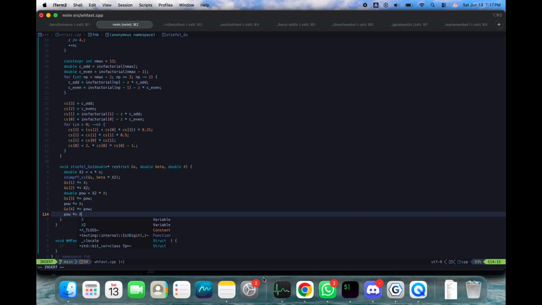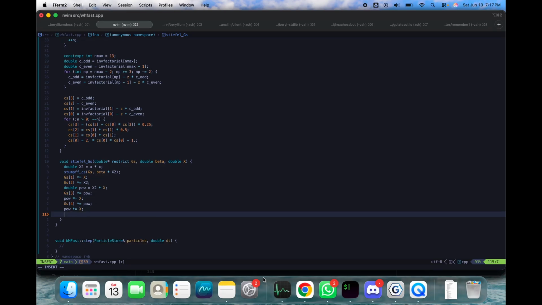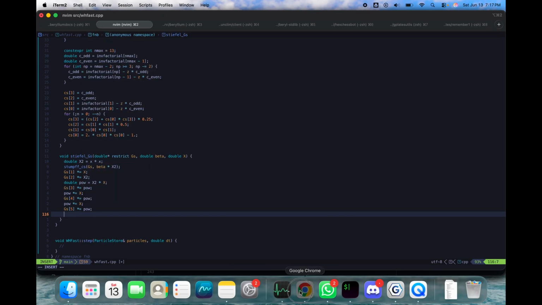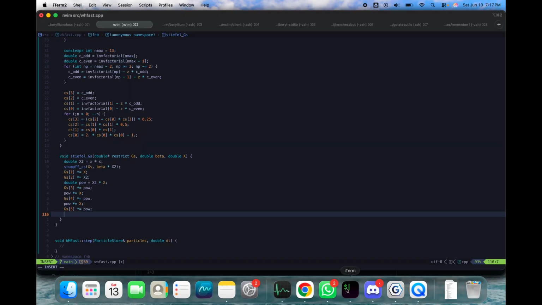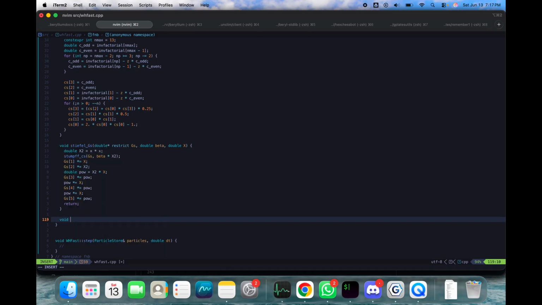Pow times equals x, and GS index 5 times equals pow. And we return. Even though that's literally the end of this function, I guess we return. Yeah, there's a whole bunch of code stuff in there that's weird.